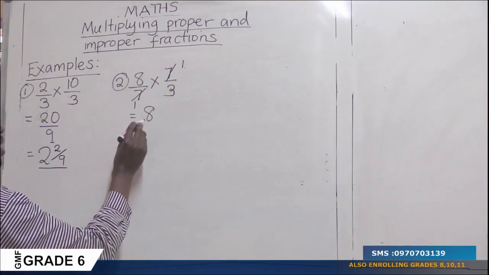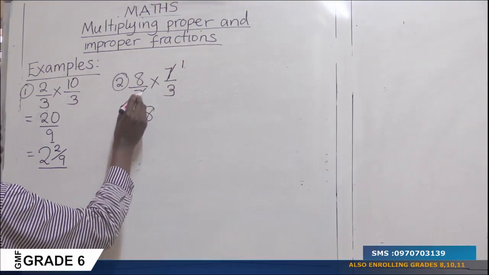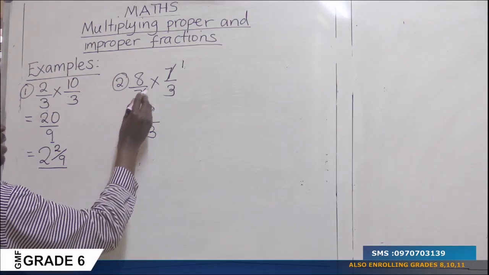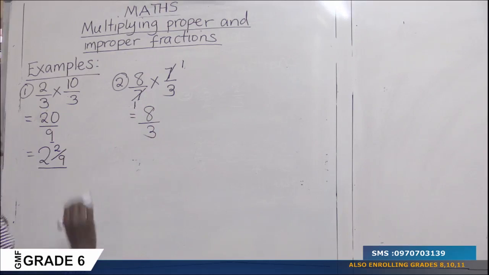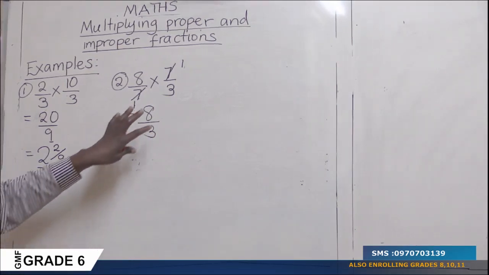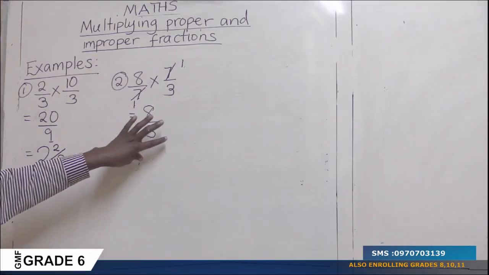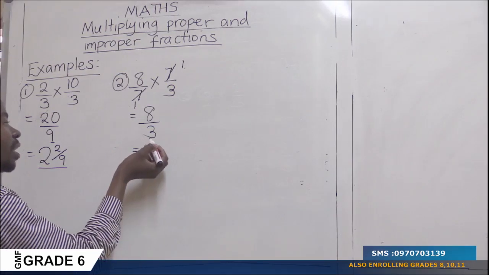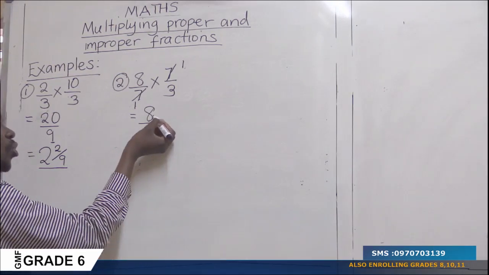Therefore, if you multiply 8 times 1, the answer is 8. 1 times 3, the answer is 3. Okay, so boys and girls, the answer that we found is an improper fraction. So what are we going to do? We can divide 3 into 8.